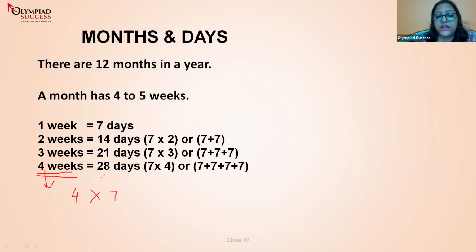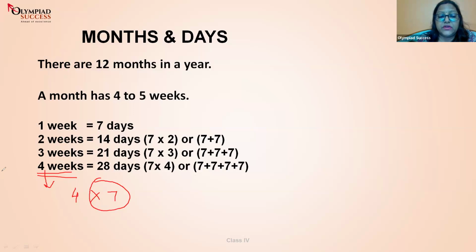So in every case, whenever they're asking you for the number of days in a number of weeks, you have to multiply by 7. Okay, beta? Because we have 7 days in a week, that's why.